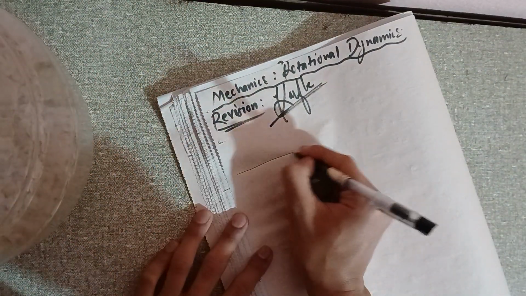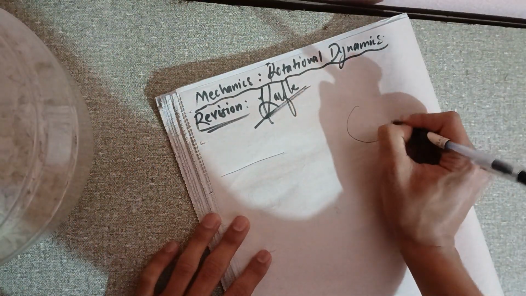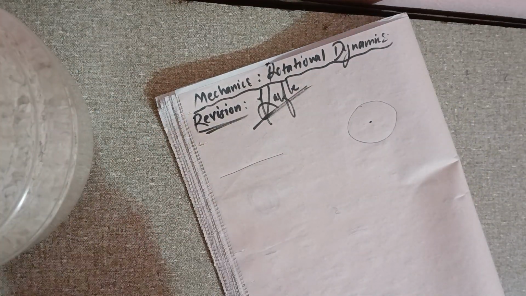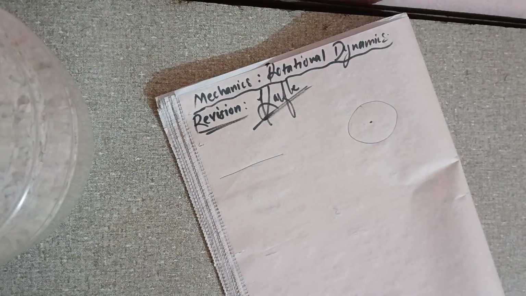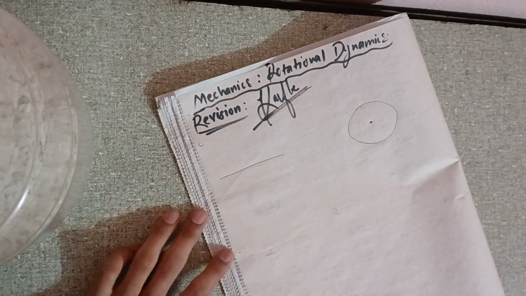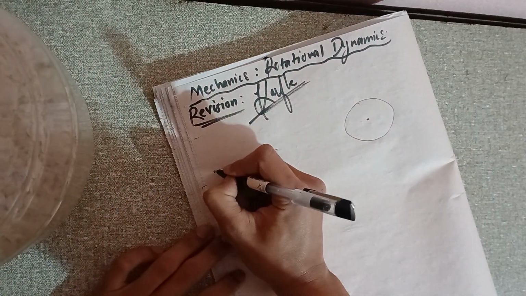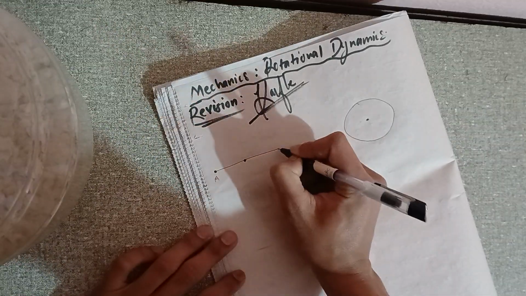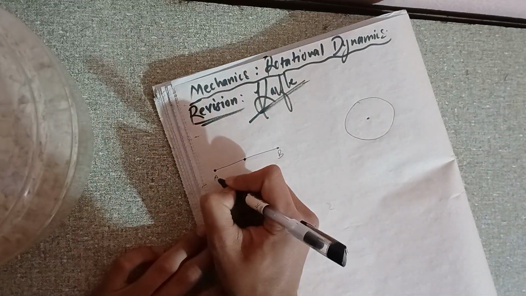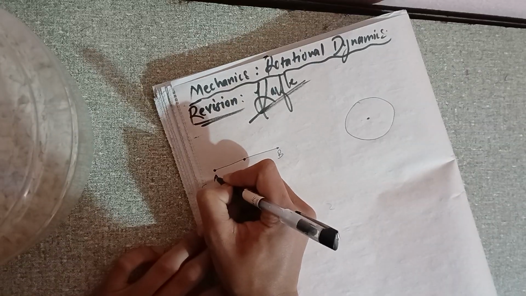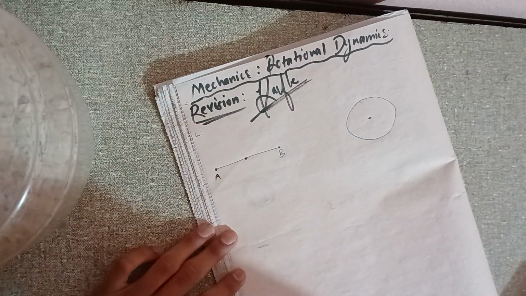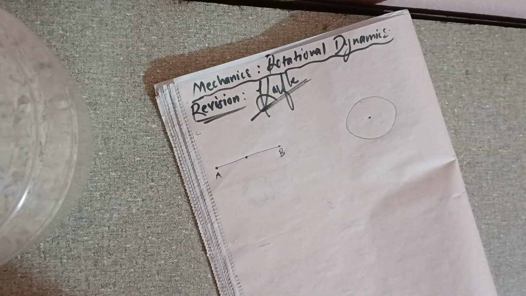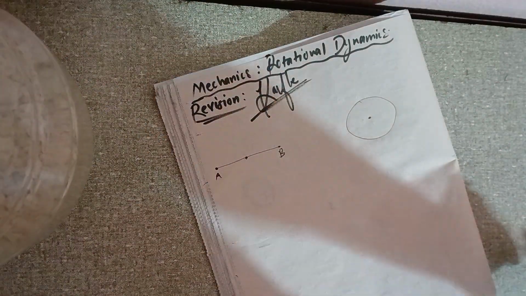In linear dynamics and in rotational dynamics, we basically study the motion of the items that take part. First of all, it's linear motion. Imagine an object goes from point A and reaches point B while traveling a linear route.